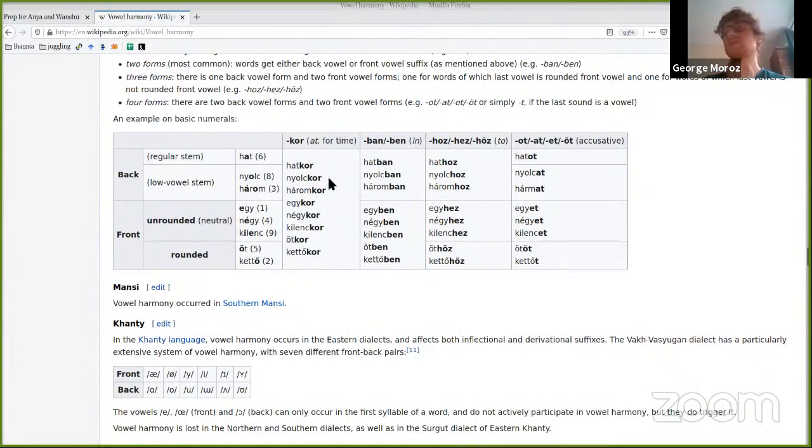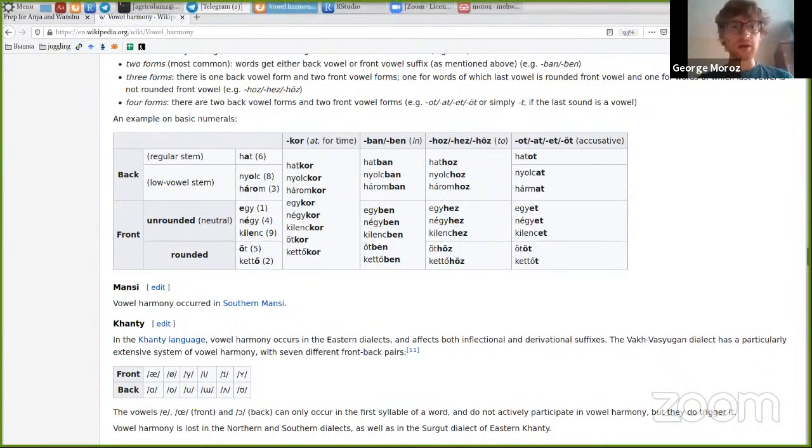Well, this is a little bit of a philosophical question, but I can deal with it. It's a fair question. This actually depends on your phonological theory.